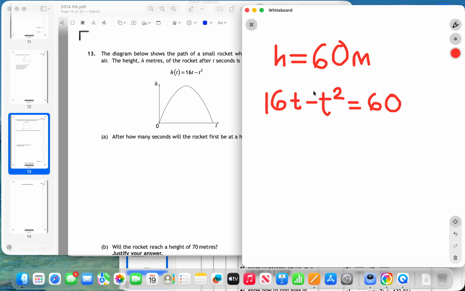And what we then want to do is make the term on the right hand side 0. That's what you need to do to solve a quadratic equation, because we need to solve this quadratic equation and find the values of t. So we will take 60 from both sides.